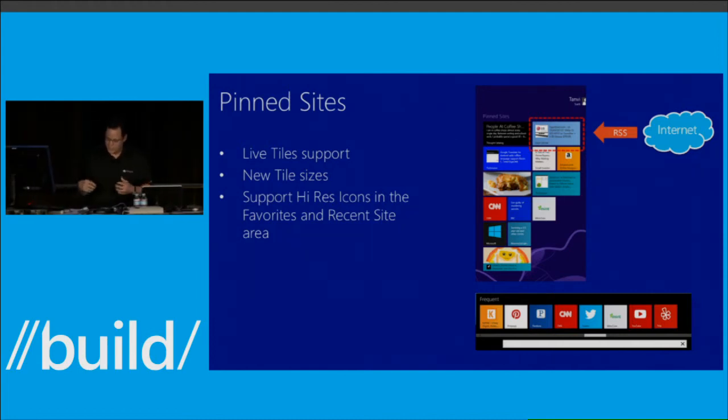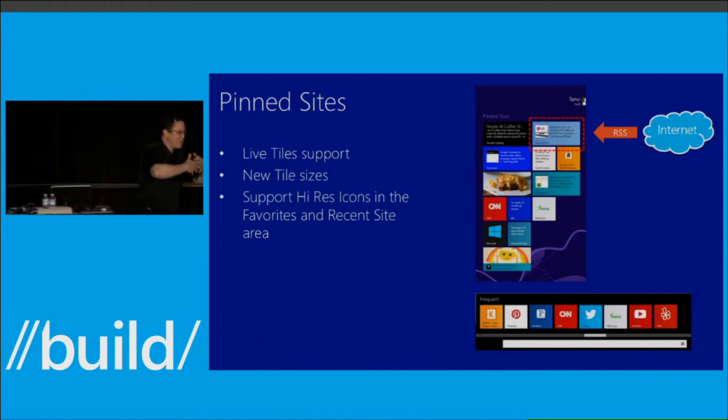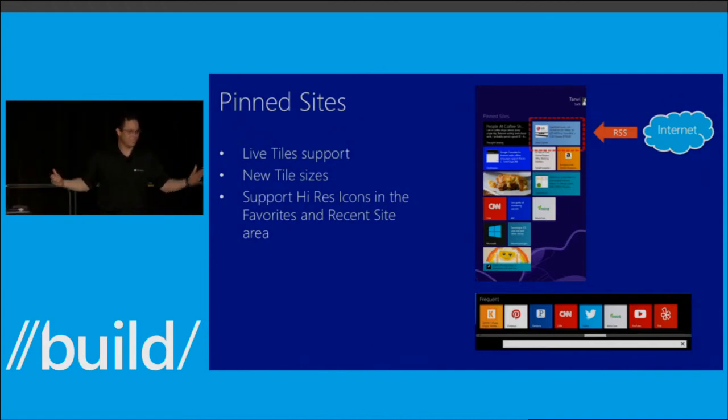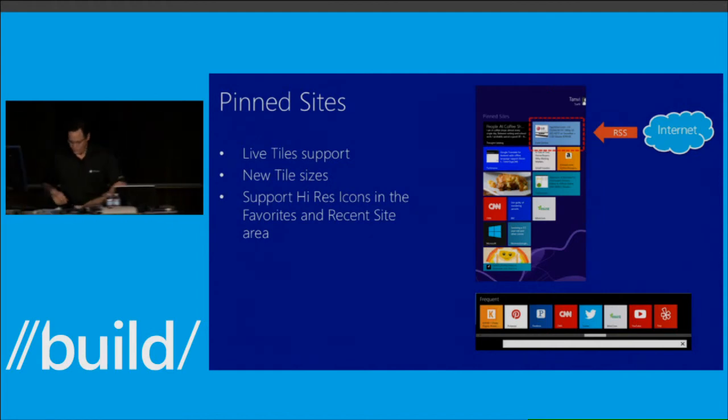This really gives you the ability to provide more visibility and have your brand be part of this whole start screen experience. In addition, you can even associate high-res icons to the favorites and recent sites area. So let's actually see what that looks like.